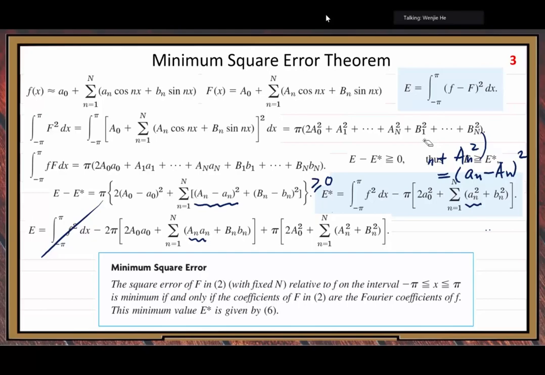You use the partial sum to approximate the original function, and in the sense of minimum square error, you get the best approximation.